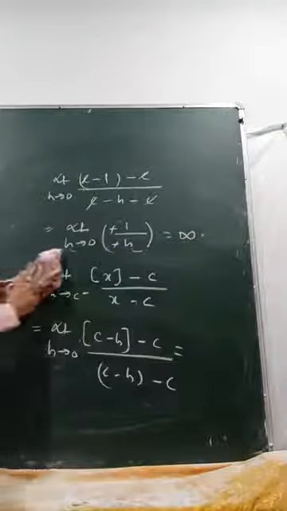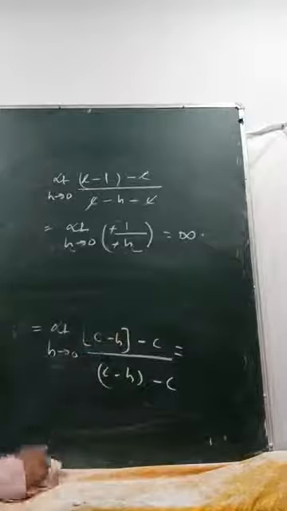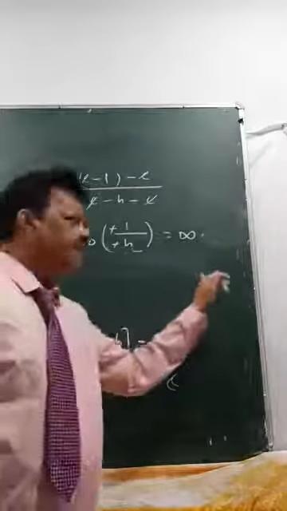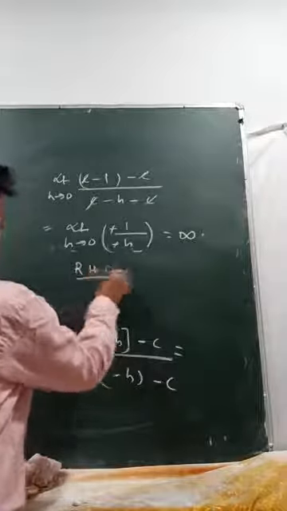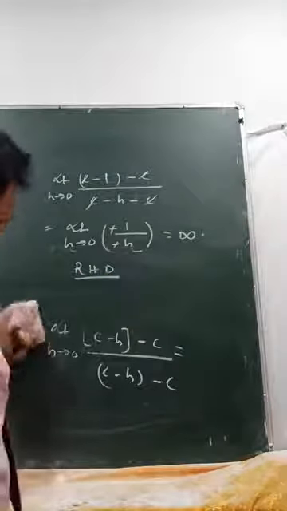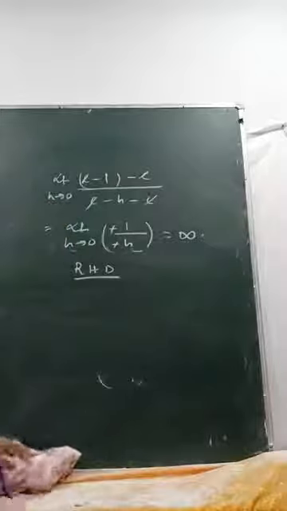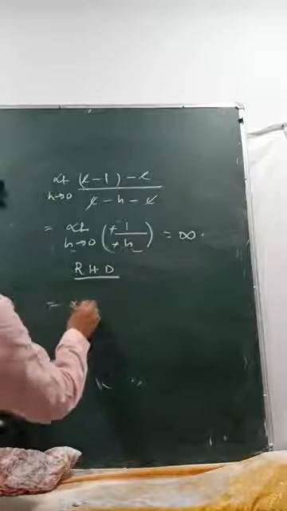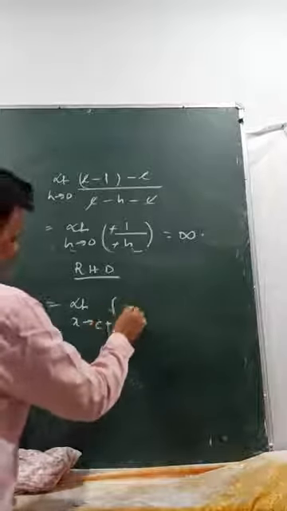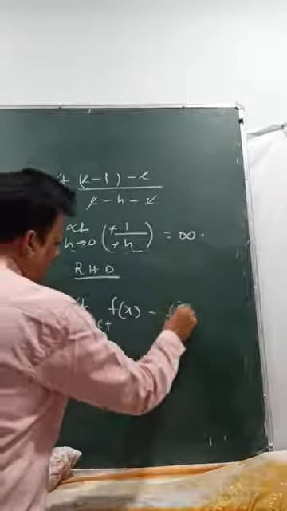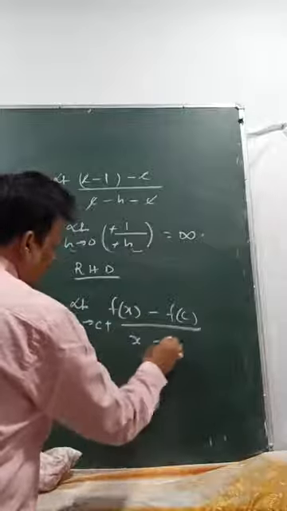Then we will find out the right hand derivative. What is the right hand derivative? Limit x tends to c plus of (f(x) minus f(c)) by (x minus c).